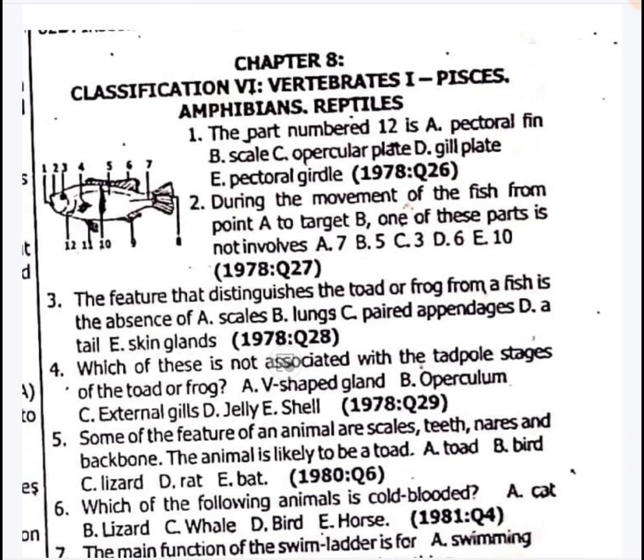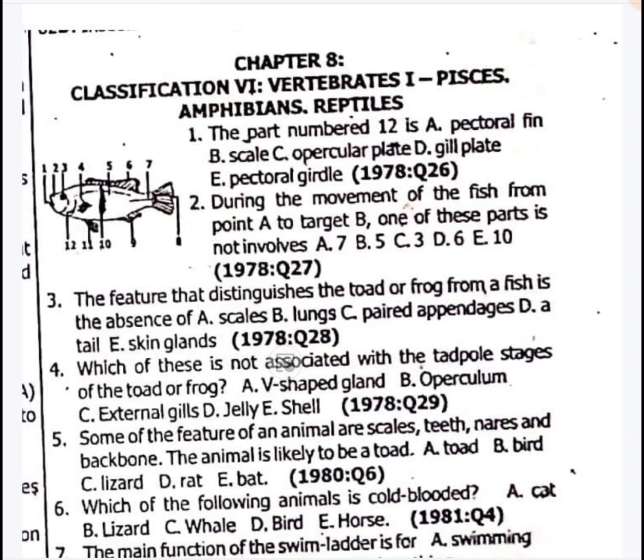Number 3, the tadpole comes out of the jelly and attaches itself to a water weed by a sticky cement secreted by its V-shaped gland, and it develops external gills. So the first thing the tadpole develops when it comes out of the eggshell is the external gills.